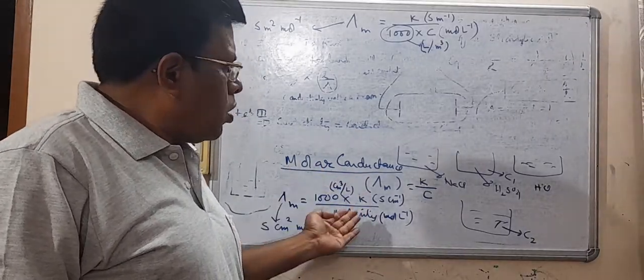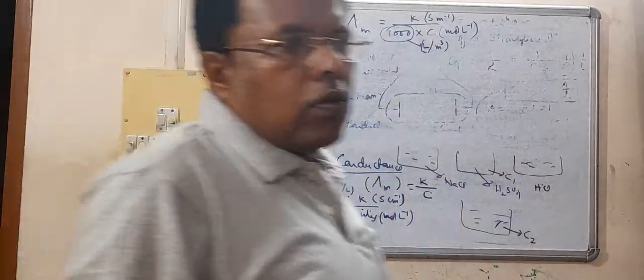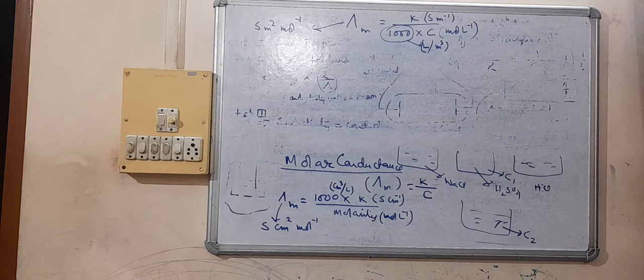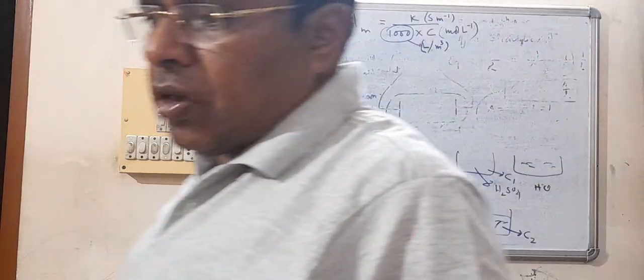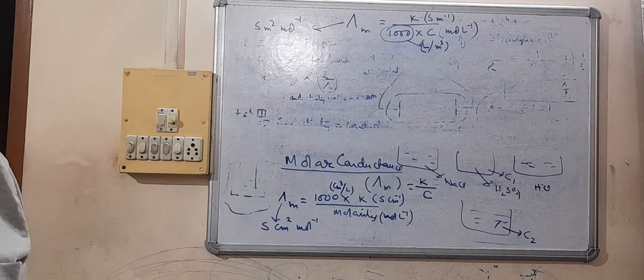Now the molarity of the solution will be known to us, so we will get the molar conductivity of the solution. So today this much in this video. In the next video, we will be taking up the variation of molar conductance with concentration. Till then, bye bye.